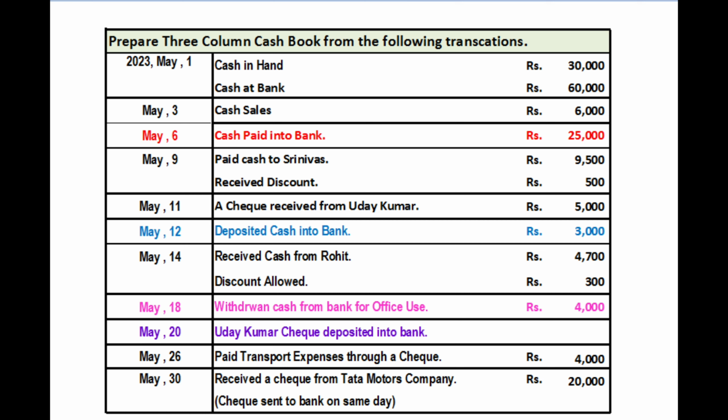For your practice, I am displaying another problem related to the preparation of a 3 column cash book. If you observe, some transactions are mentioned in colors other than black, that is related to contra entries. So practice it and succeed well.